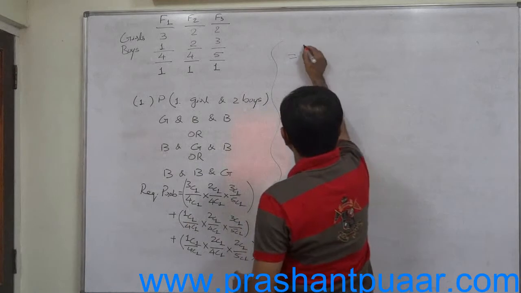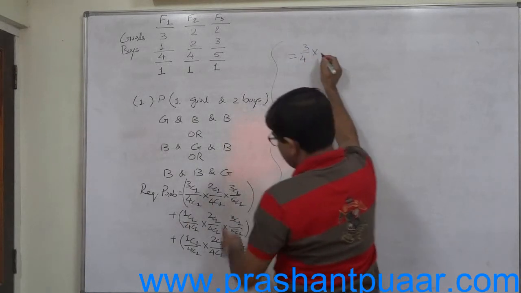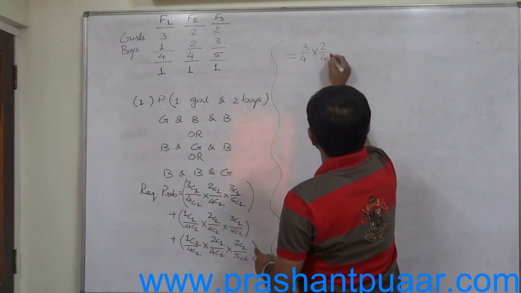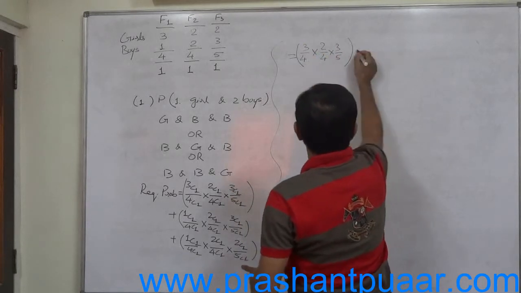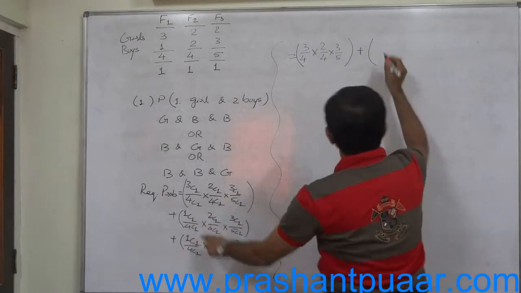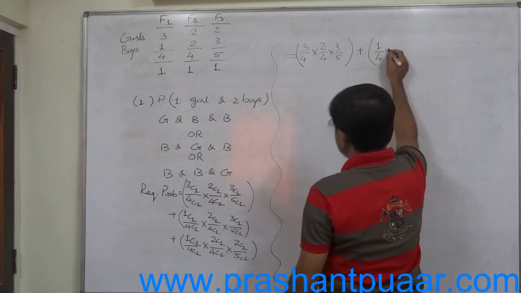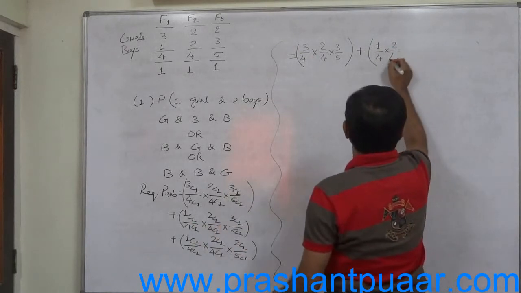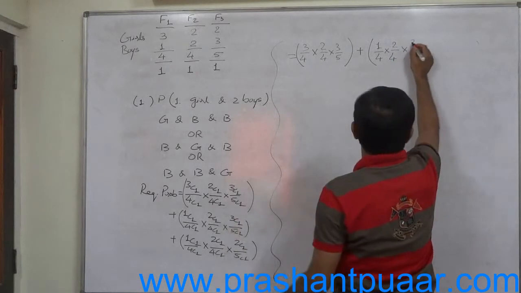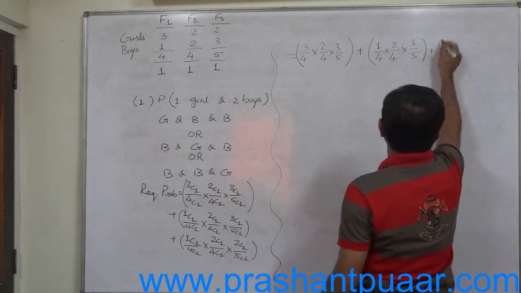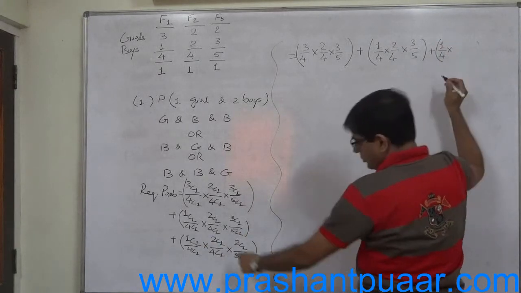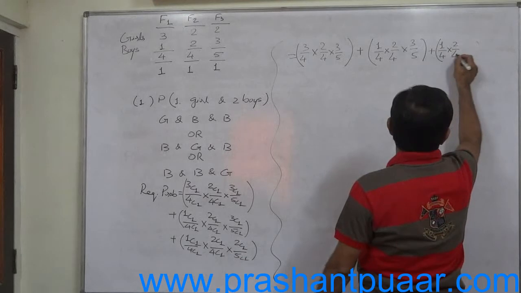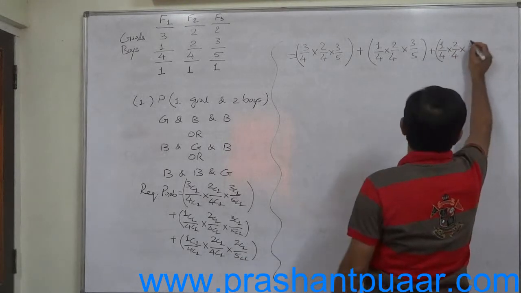3C1 upon 4C1 means 3 by 4 into 2 by 4 into 3 by 5 plus 1 by 4 into 2 by 4 into 3 by 5 plus 1 by 4 into 2 by 4 into 2 by 5.